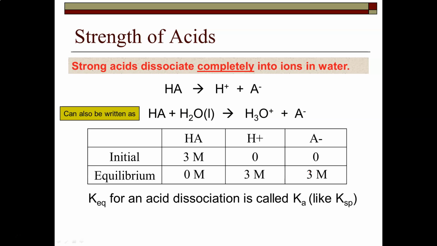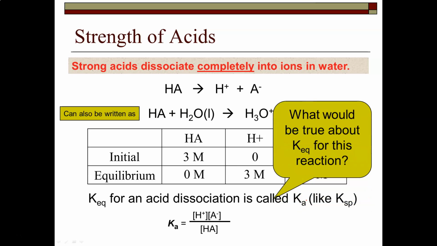If you go back to last unit, we had Keq values, and that basically told us whether we are reactant or product favored. This is the same exact thing, except if we know we have an acid to start with, we can make our equilibrium constant value something called Ka, so we know we're dealing with an acid. So for something like this, the Ka expression is written the exact same way we would have written them back in Unit 3.